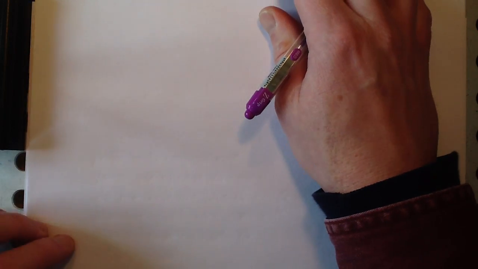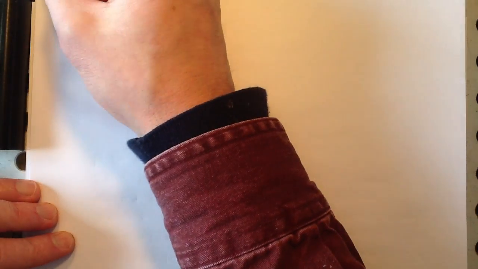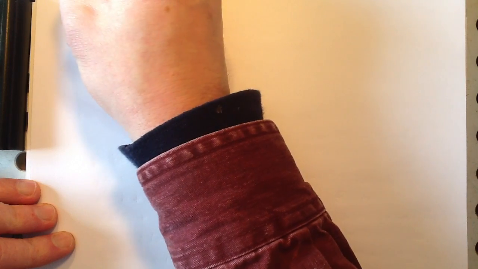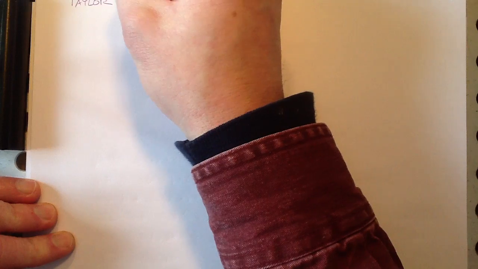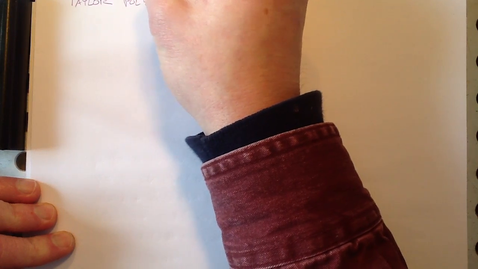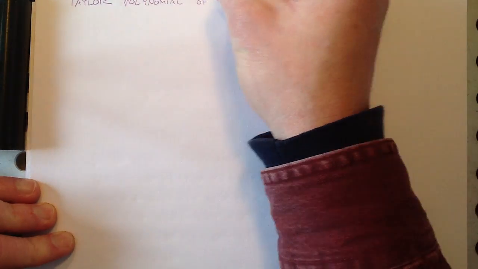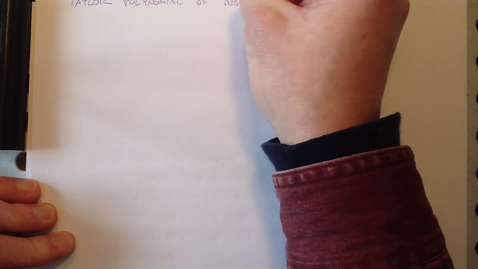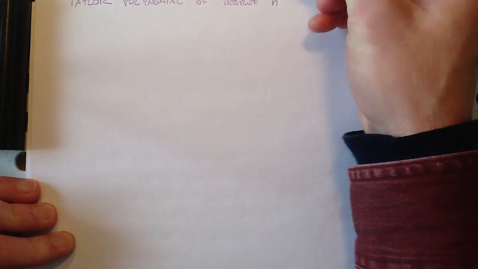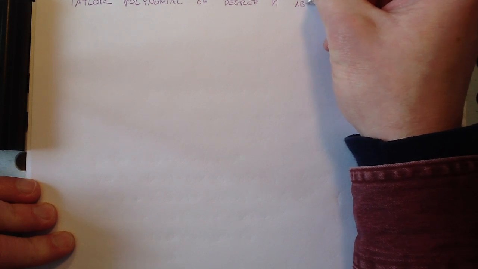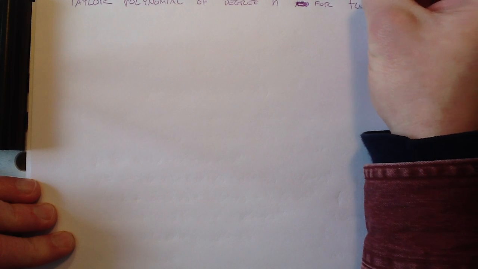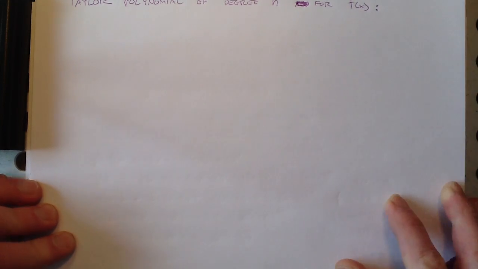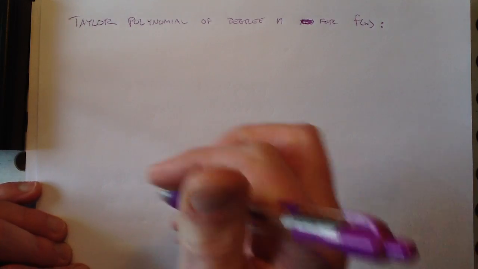And before we go on and try a couple examples, just to tell you, here's the general recipe. The Taylor polynomial of degree n for f of x will look like this.